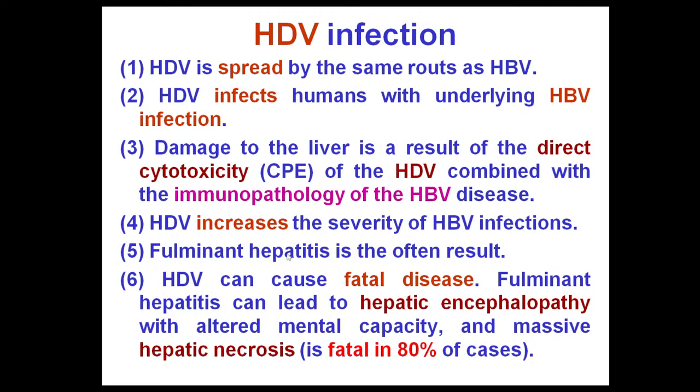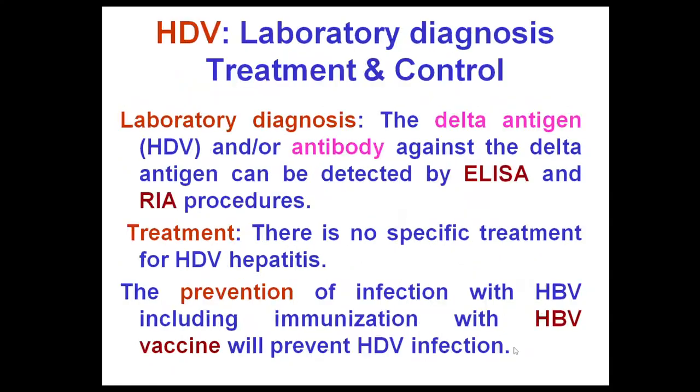Hepatitis D dramatically increases the severity of hepatitis B infection and usually causes fulminant hepatitis with hepatic encephalopathy, massive hepatic necrosis, and in 80% of those co-infections, it is lethal.